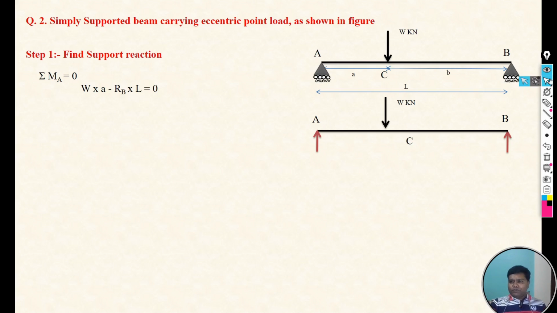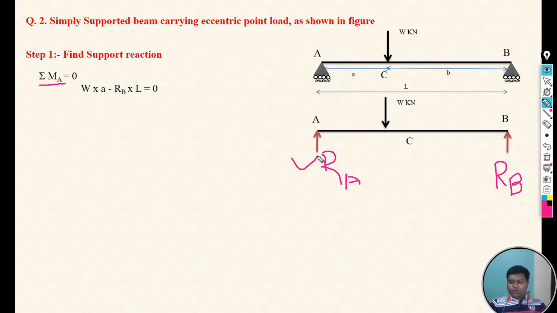If you see over here, we have considered the support reaction at A point, RA, and the support reaction at B point, RB. We are taking moments at A point, that is summation MA. We have three forces: RA, RB, and W kilonewton. The moment of RA is 0.